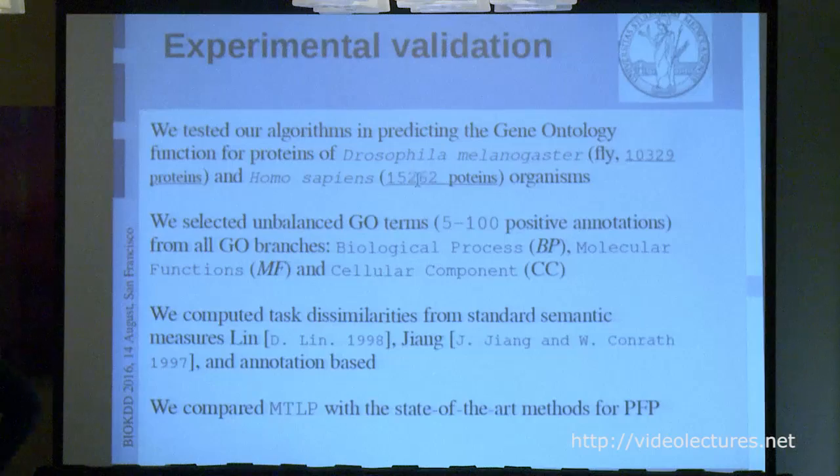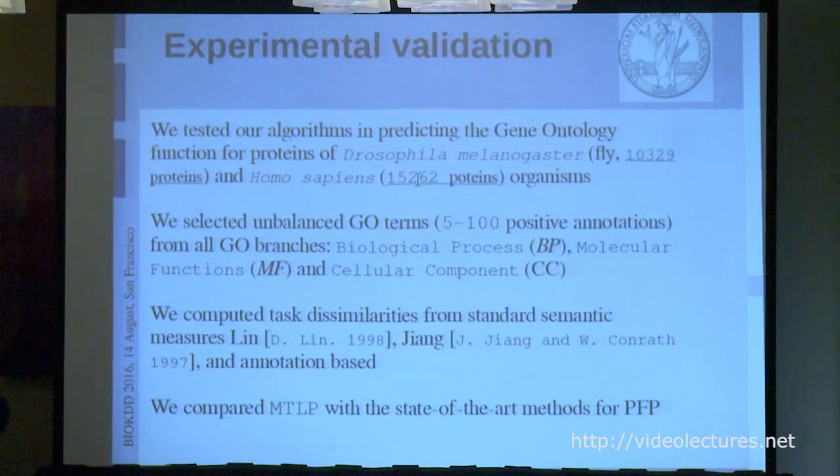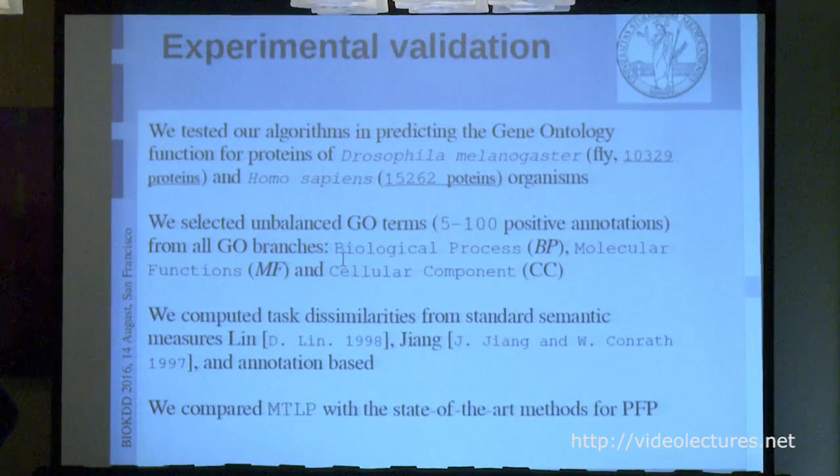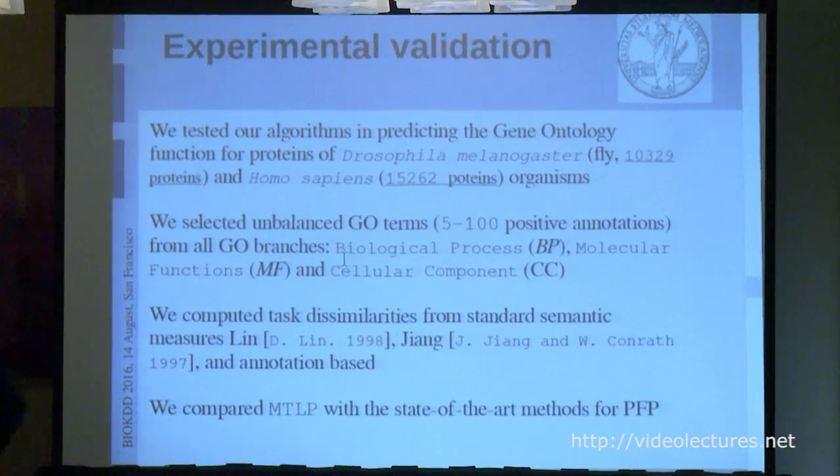To some extent we consider a genome-wide approach, just excluding proteins that don't have any positive annotation for any GO term, because we have to validate our model, and so we consider just proteins which have at least one positive annotation for some GO term.